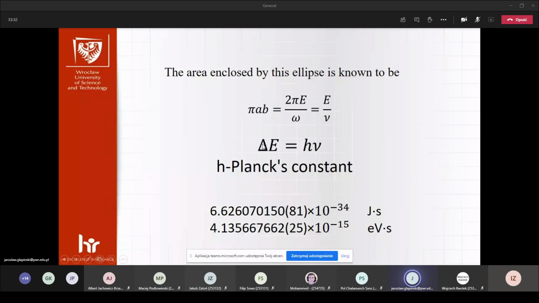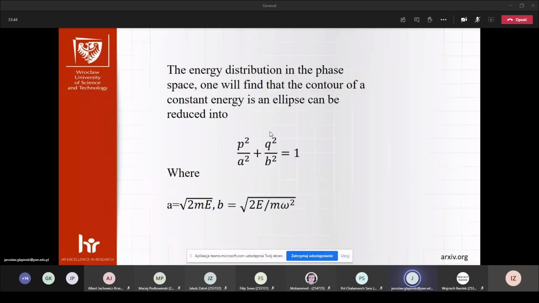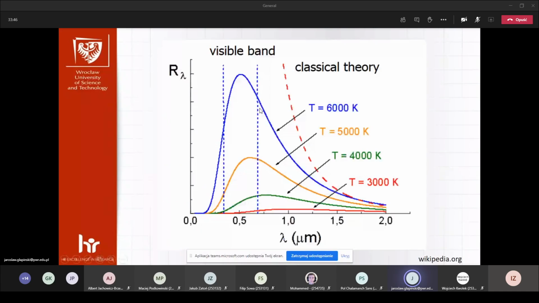I'm not a physicist, so maybe I don't understand what this equation means, but this is just a mathematical formula. Okay, so we have the different temperatures of the black body and the different materials. So this is the theory.